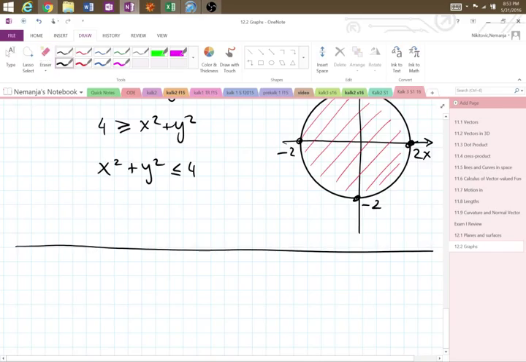Another example, here's the wavy surface. And another one.